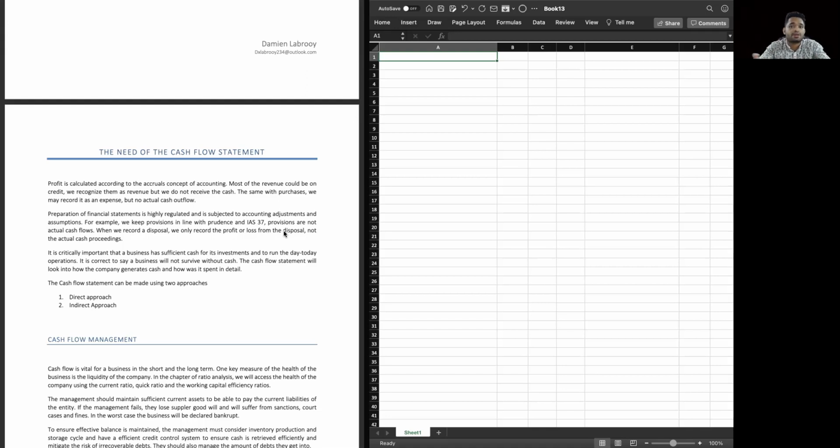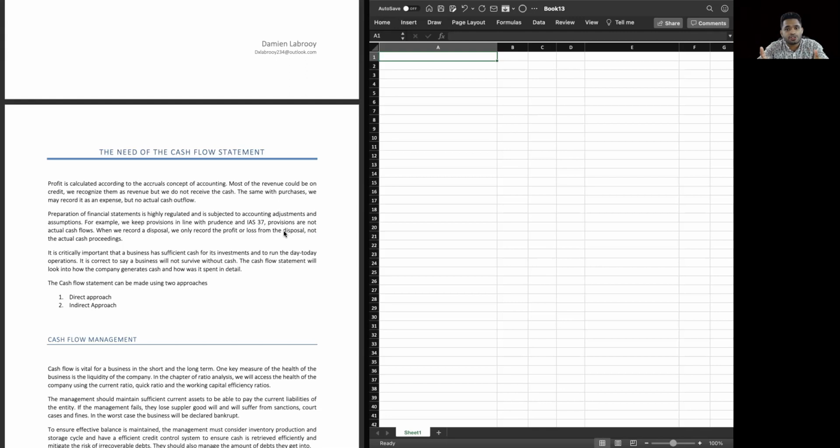Then you have debt capital or debt financing. When you look into debt financing, you could be obtaining a bank loan. If you're obtaining a bank loan, that is going to be a financing cash inflow. And then you will have to repay the bank loan. So the repayment is going to be a financing cash outflow.